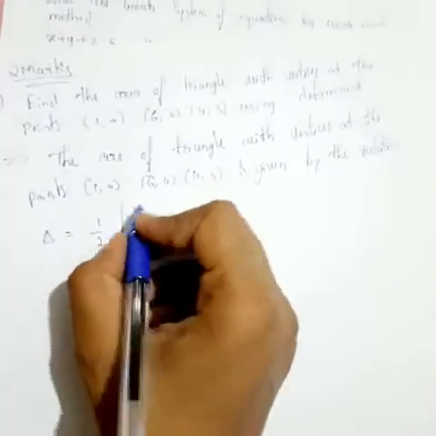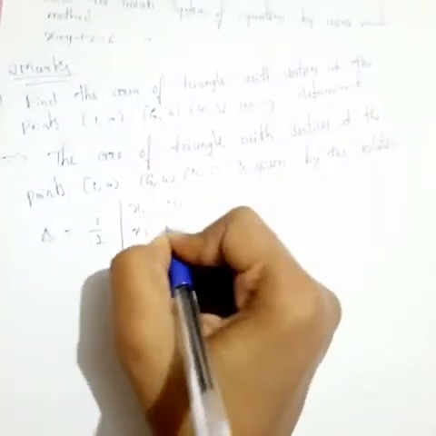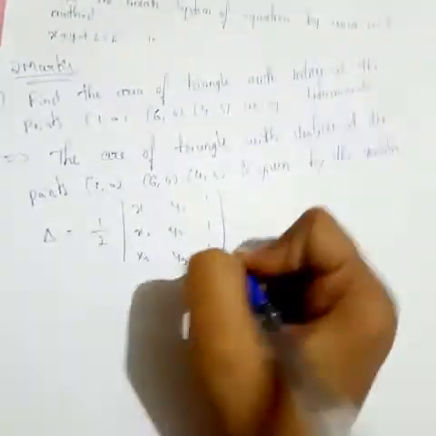Delta is equal to half times the determinant with rows x1, y1, 1; x2, y2, 1; x3, y3, 1.